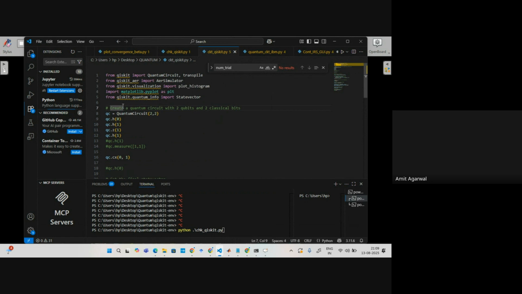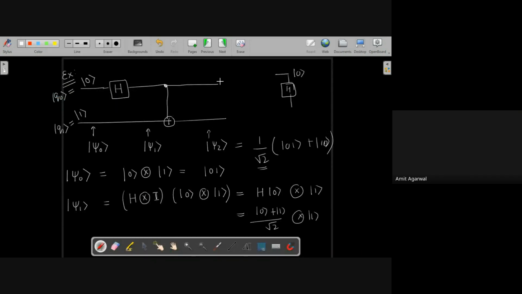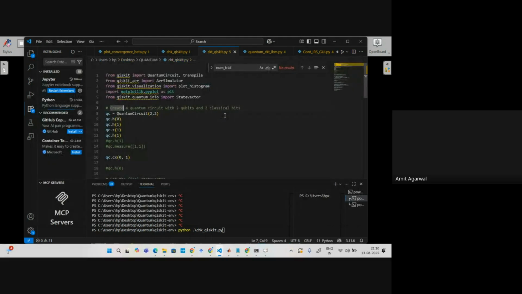Since our quantum circuit is a 2-qubit circuit, and when we are measuring this, we are storing it in the form of classical bits. So we will save it to two classical bits. So we start like this, and then for the first qubit we provide a Hadamard gate, right?